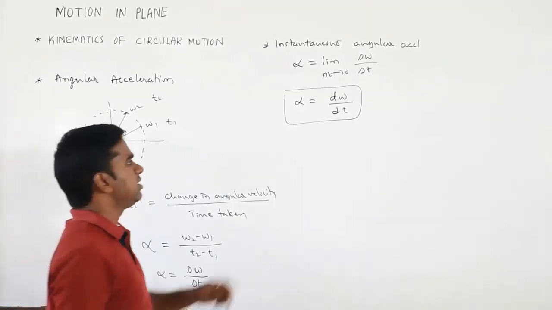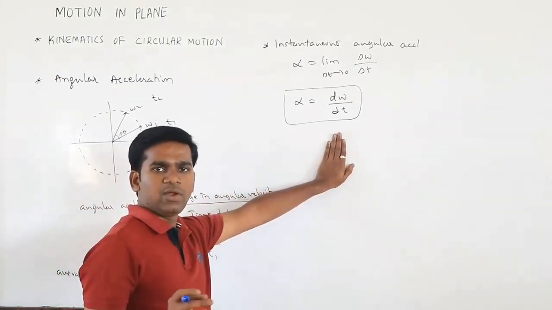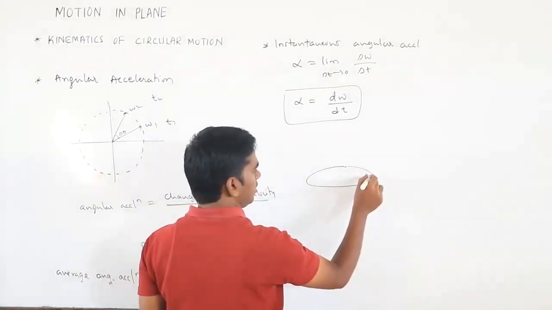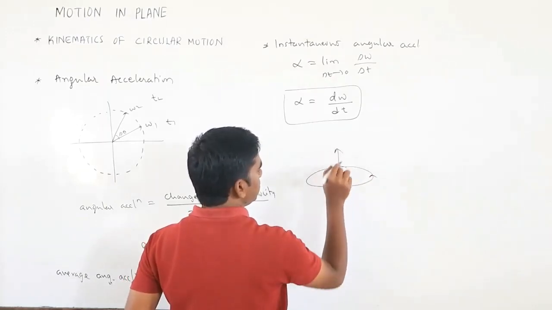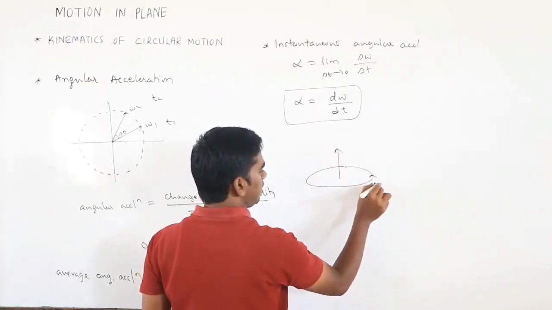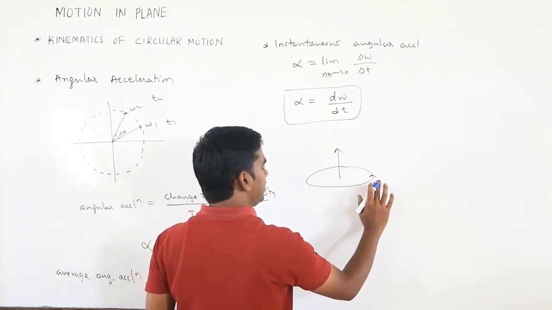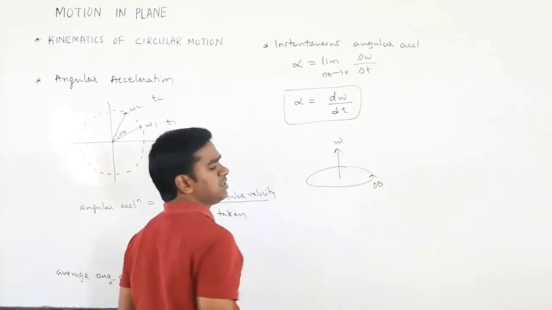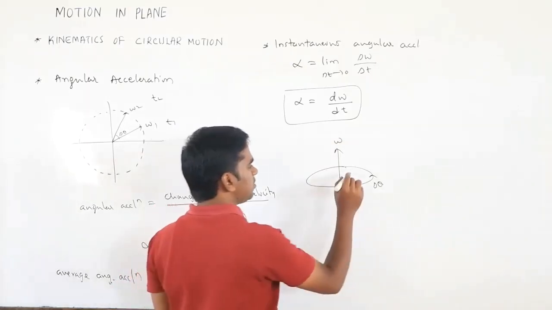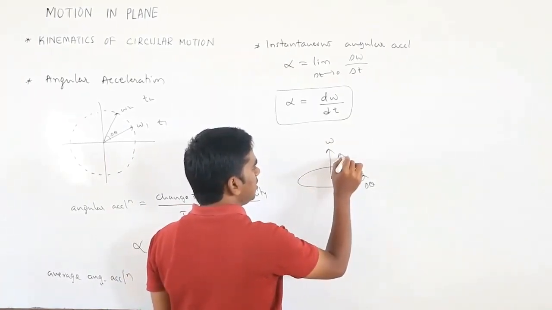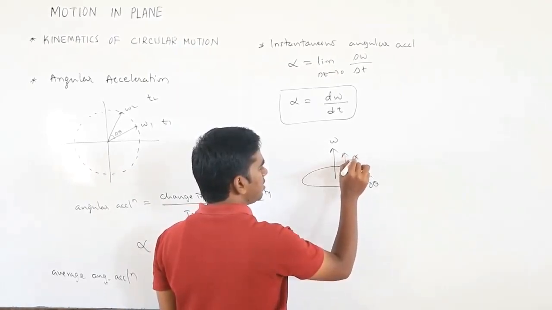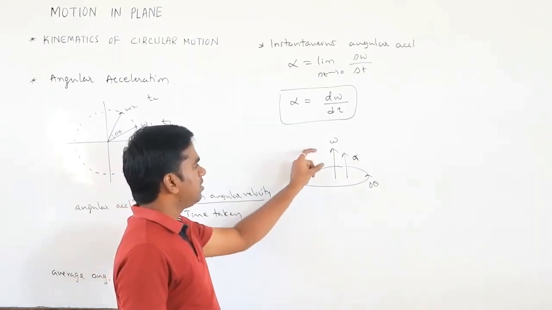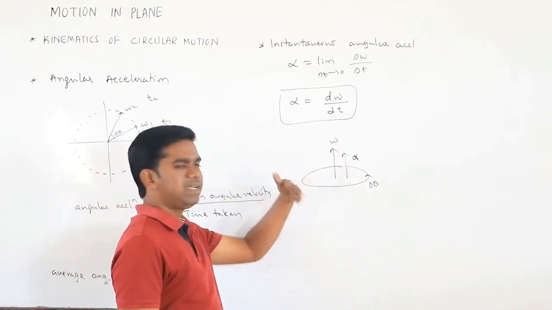What is its direction? If this is the direction of motion, what is omega? It is the change in displacement, so this is the direction of angular velocity. Similarly, acceleration will also take place in this direction. But it depends on whether omega is increasing or decreasing.